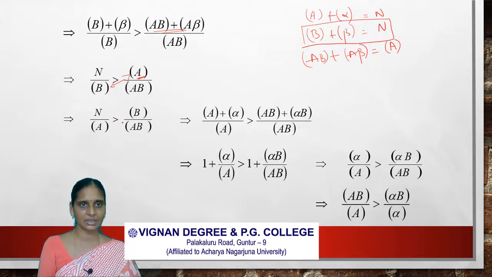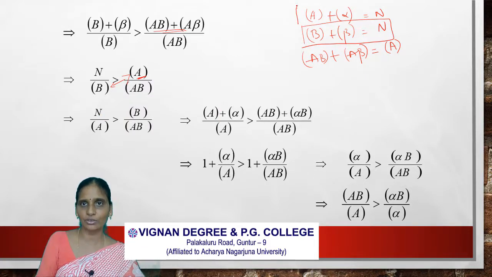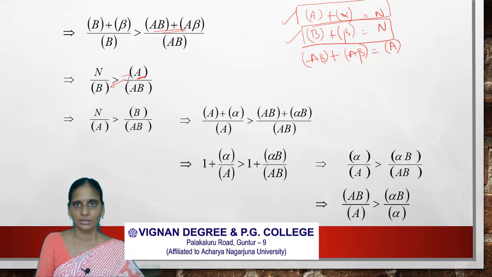So this implies N can be written as, so we have to use this condition. For our convenience, here N can be written as frequency of A plus frequency of alpha.